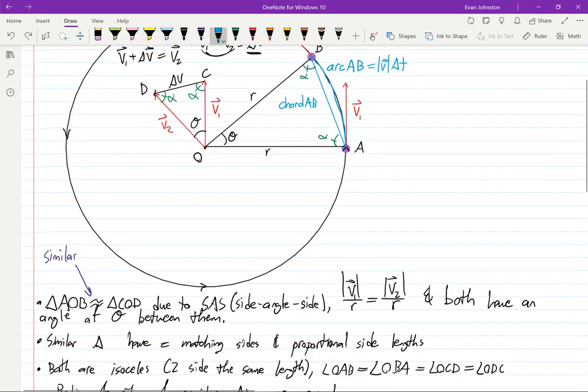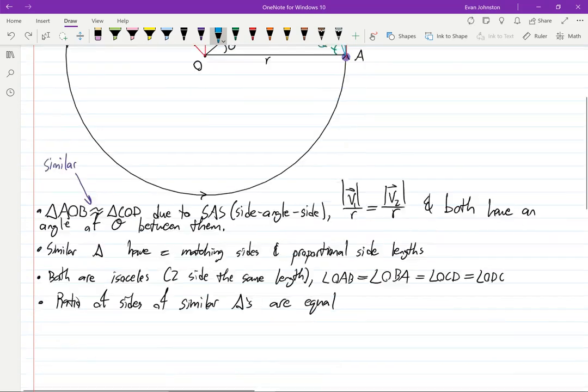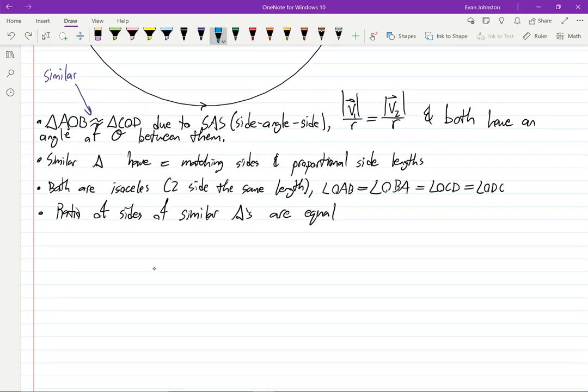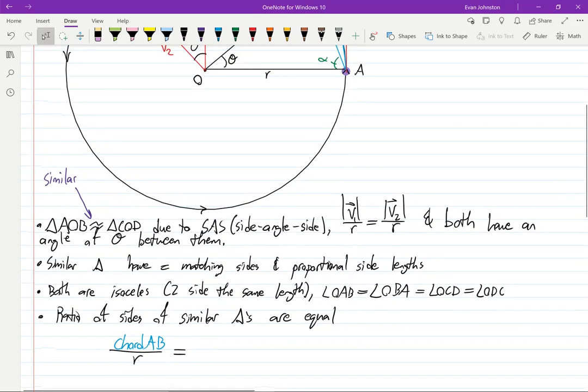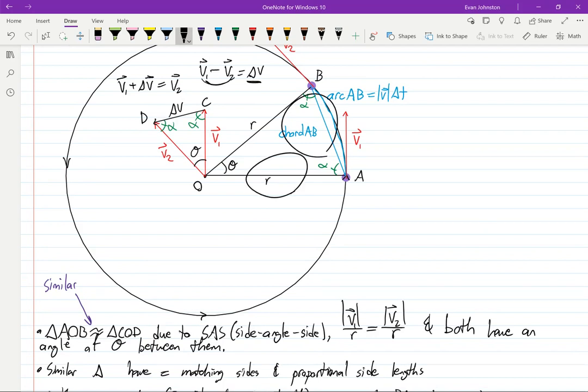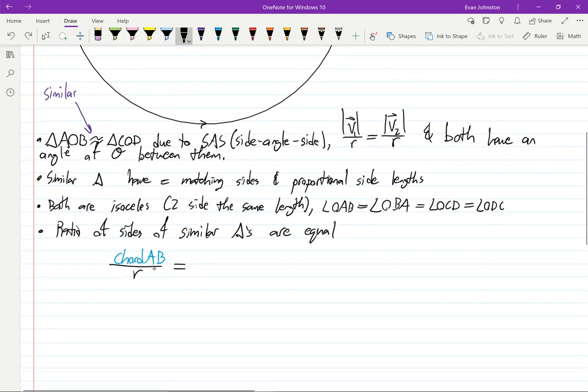And so what we can do is exactly that. I want to start with my chord here, not the little curvy part, but the straight one right here. So we'll write out this chord AB, and I want to divide that by the radius of my circle. Well, if I'm taking the chord and dividing by the radius, the matching thing to do with this smaller triangle would be delta V, the change in velocity, divided by V1.